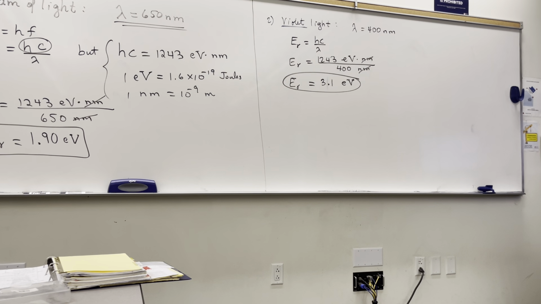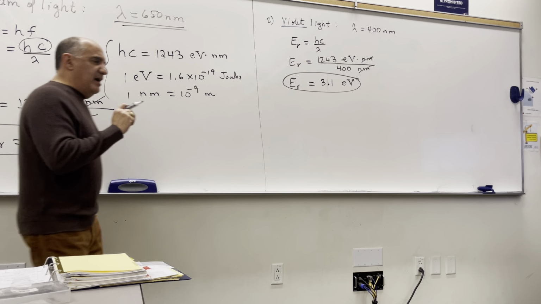So what if you have a metal? This is a metal here, and you have atoms, nuclei, electrons, and so on. Now, there is one parameter called the work function. Let me define what the work function is.